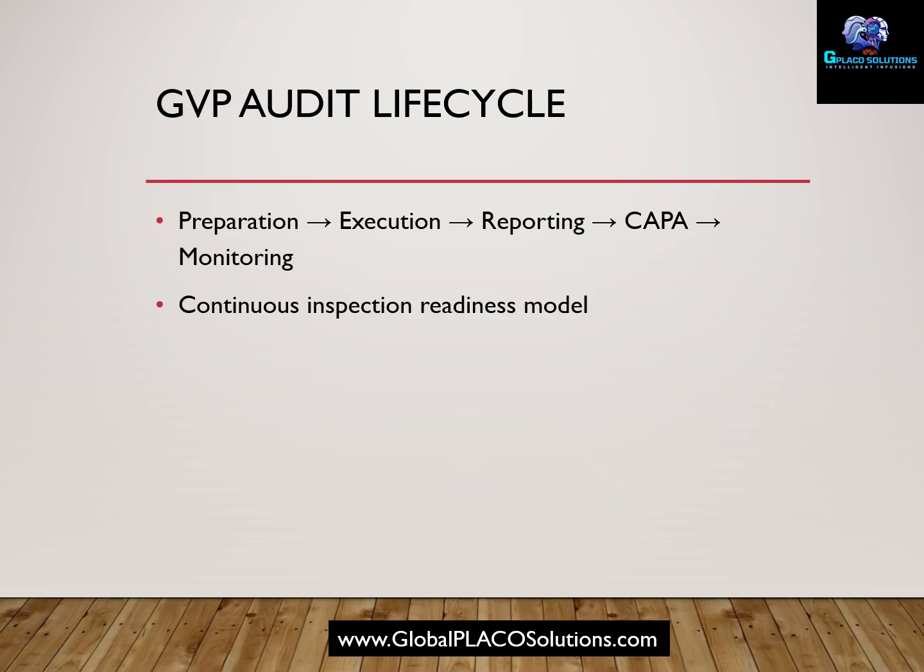And continuous inspection readiness model is implemented by the organizations where each and every time the audit is conducted, there will be a lot of improvements, process improvements, identification of gaps. Accordingly, the CAPAs or corrective action, preventive action will be implemented and the changes will be made in the PV QMS or the processes or procedures or refinement of the processes.